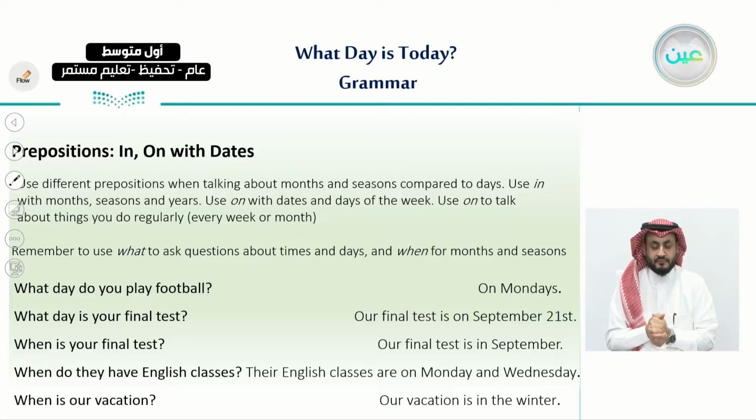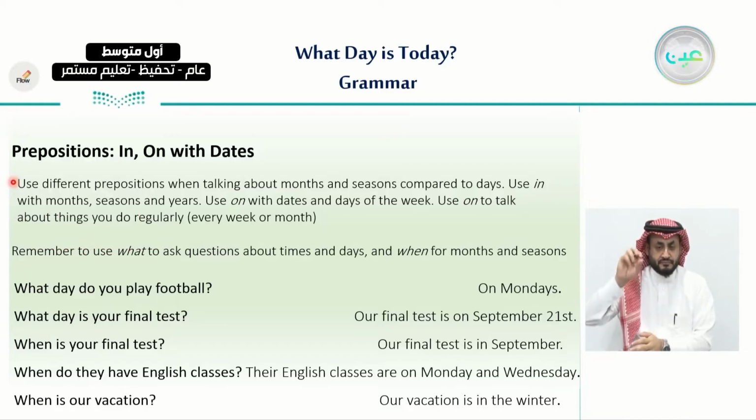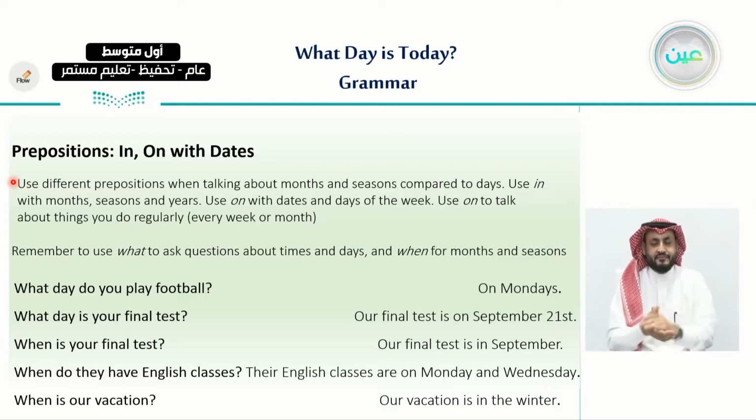The other part we have in our grammar today is using the prepositions in and on, but not in, for example, a movement or a place. No, we use in and on with dates and times. So here we use different prepositions if you want to talk about months and seasons compared to days.